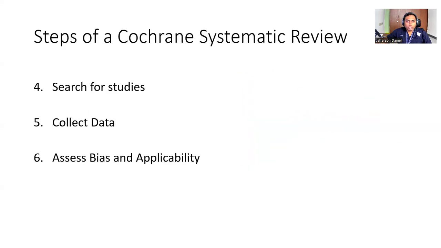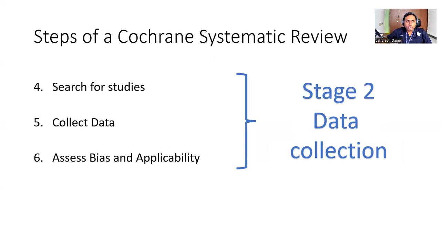Then comes your actual field work, where you're actually searching for the studies from various databases. You collect the data using a custom-made data collection form. Then the individual studies will undergo a phase of critical appraisal. You assess for bias and applicability. This part is called data collection.